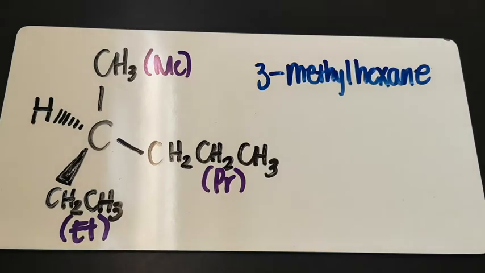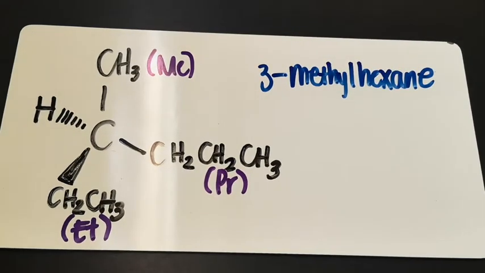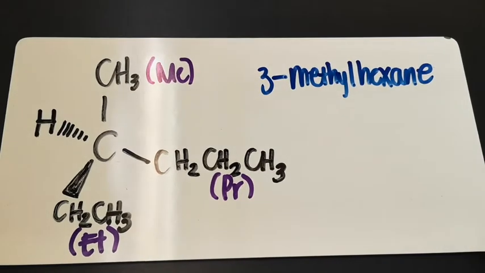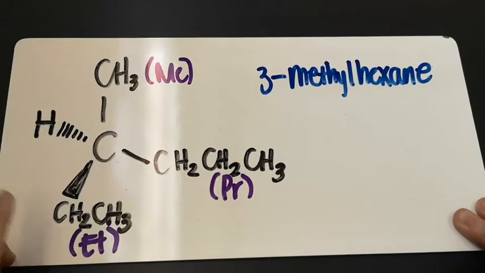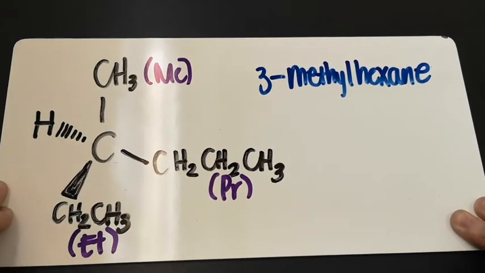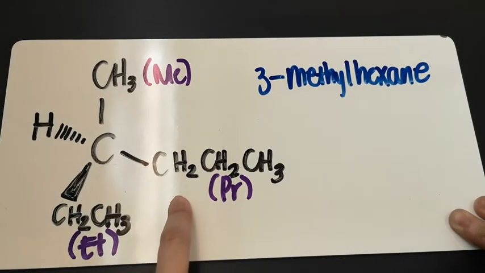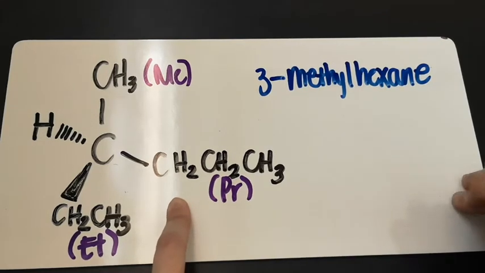And following the convention for the wedge-dash notation, we know that hydrogen would be pointing towards the back of this board. This ethyl group is pointing outwards towards us, out of the plane of the board. And then the methyl group as well as the propyl group would be in the plane of this board.